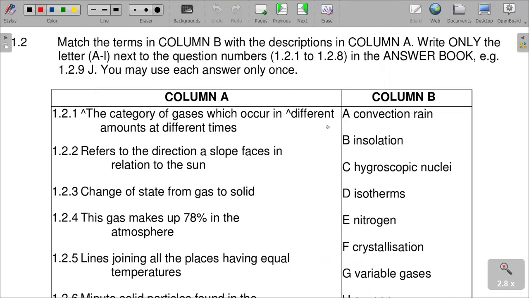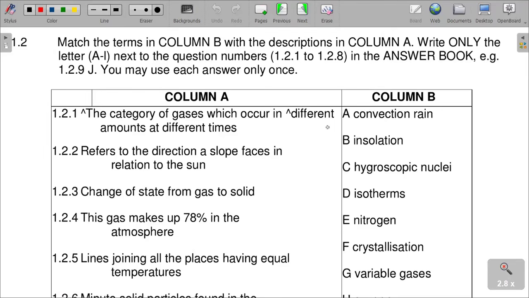Question 1.2: you match terms in column B with descriptions in column A. You write only the letter next to the question number. We are given the category of gases which occur in different amounts at different times.